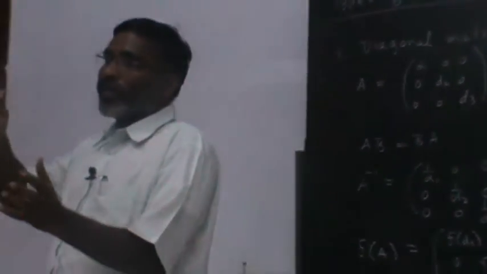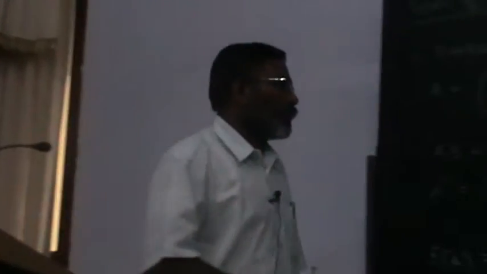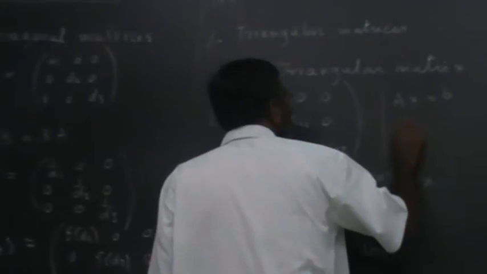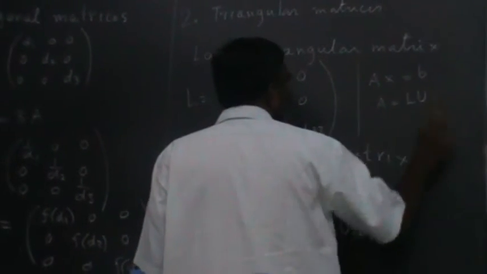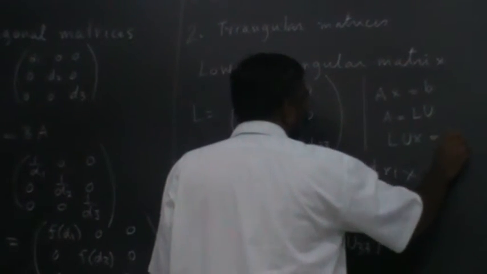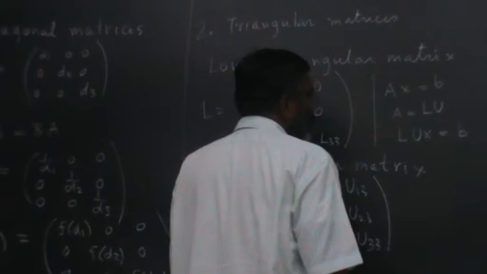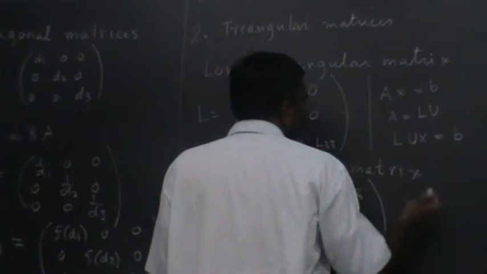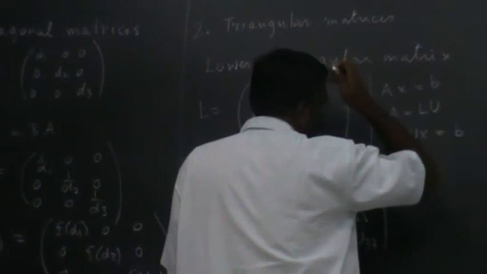You can always decompose any square matrix as a product of lower triangular and upper triangular matrices. So in a computer algorithm, it is very easy. What is guaranteed for me is that A can be written as LU. So that means LUx = B.